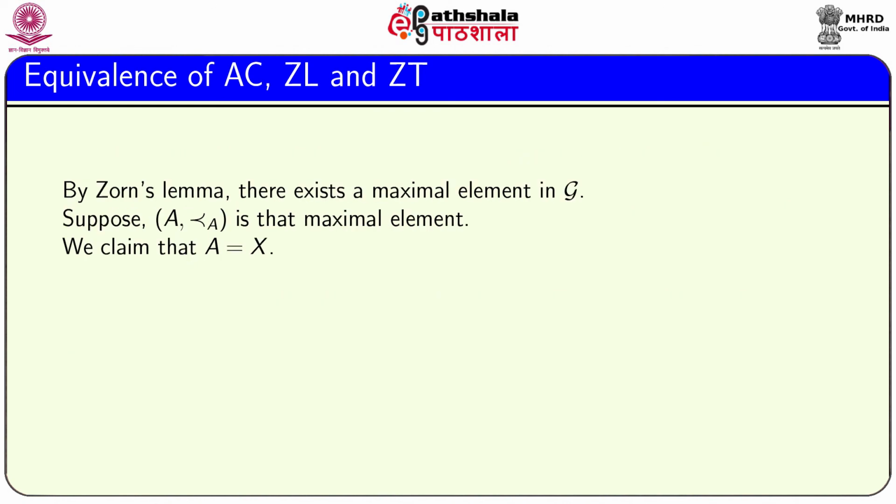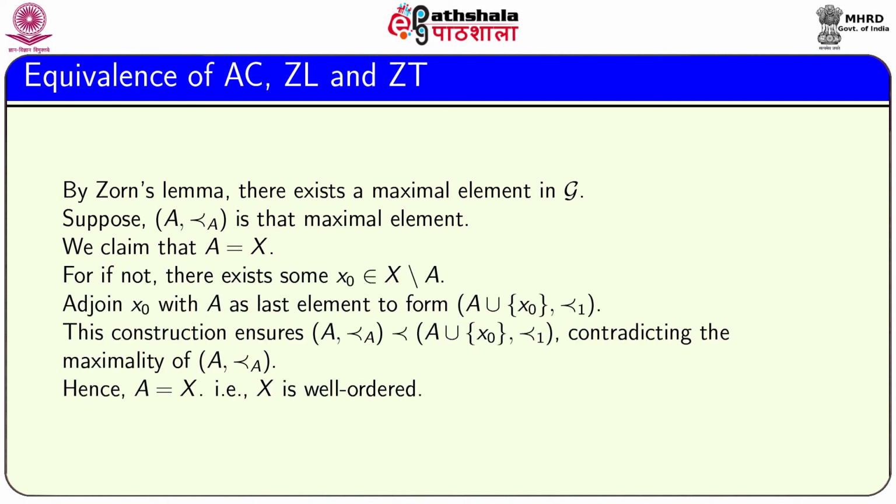By Zorn's lemma, there exists a maximal element in script G. Suppose A less A is that maximal element. We claim that A is equal to the set capital X. For if not, there exists some x 0 belonging to X minus A. Adjoin x 0 with A as last element to form the set A union singleton x 0 and the ordering less 1.